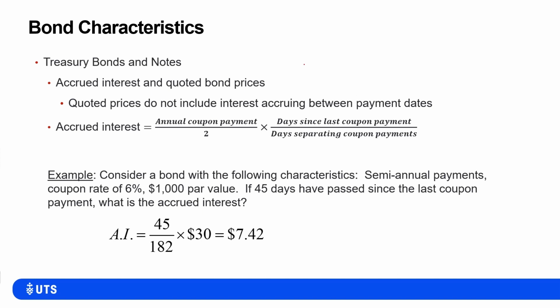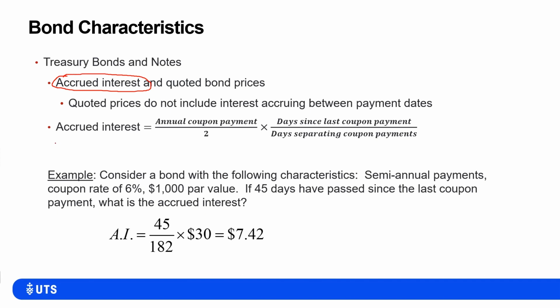Now on to accrued interest and quoted bond prices. So what is accrued interest and how do we calculate it? Accrued interest is just the interest that has accumulated after the last coupon payment, but this accumulated interest has not yet been paid. So how do we calculate it?